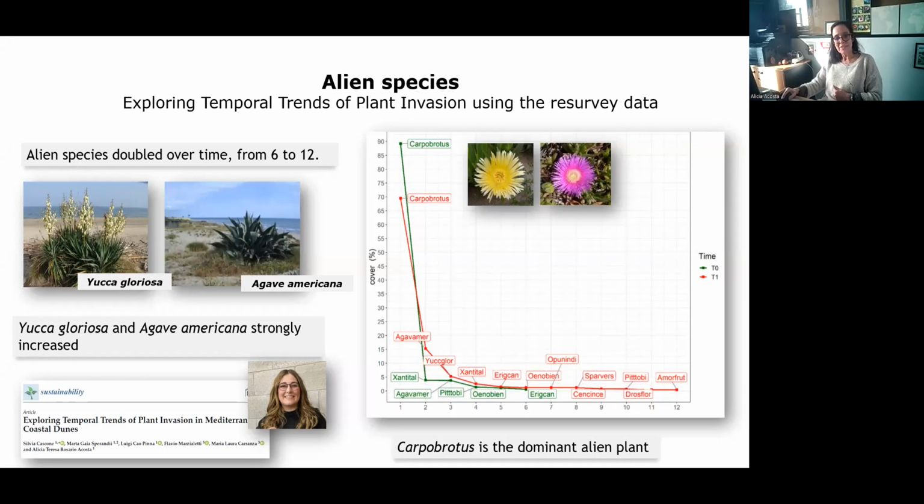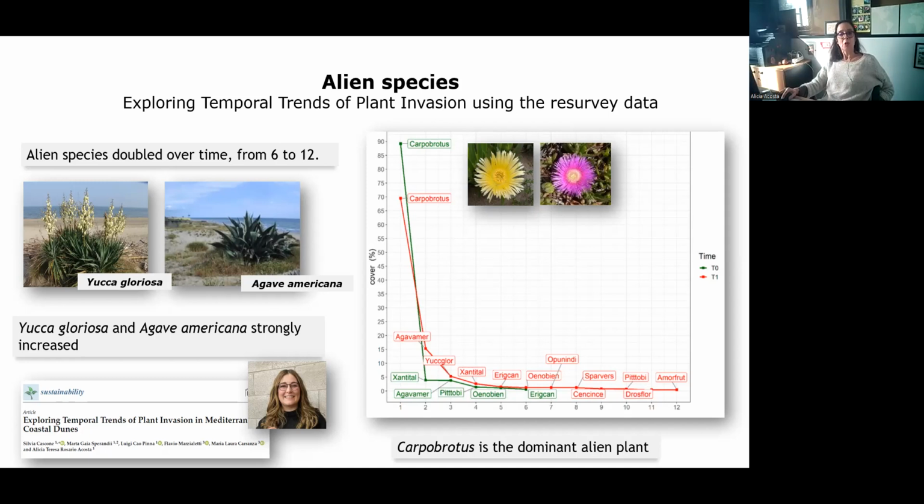An interesting result is that the number of alien species doubled over time. We have 6 aliens in the old plots, but 12 in the new ones. Moreover, 2 invasive aliens, Yucca gloriosa and Agave americana, strongly increased in cover.